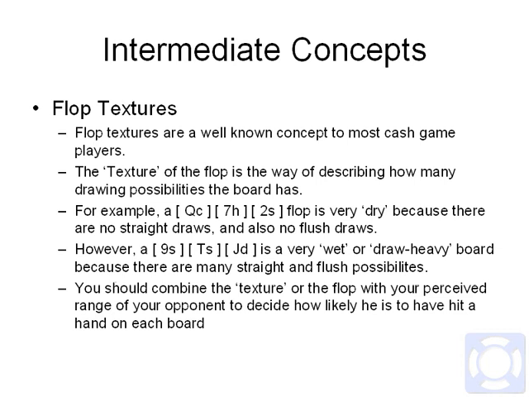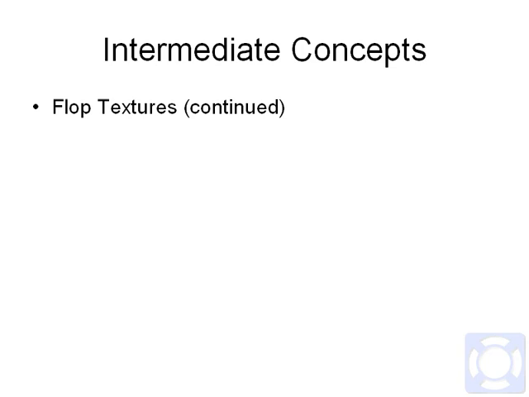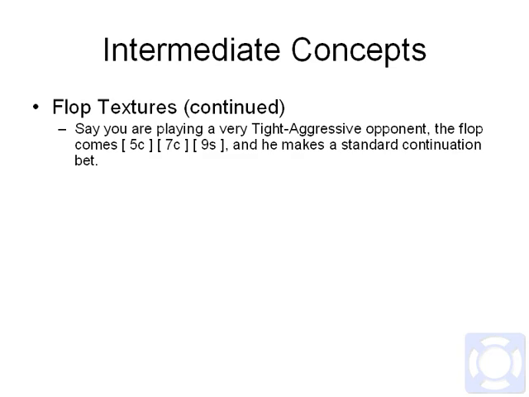Obviously, if they're opening a large portion of their hands, 80 to 100%, they're not going to have an ace every time they c-bet there, and so it becomes a very good situation for you to check raise them on that board. But again, you have to be out-thinking your opponent, because your opponent can re-raise you with nothing on the same board if he knows that you'll raise that board with nothing. So flop textures are very important when you're picking your spots in which to combat aggression.